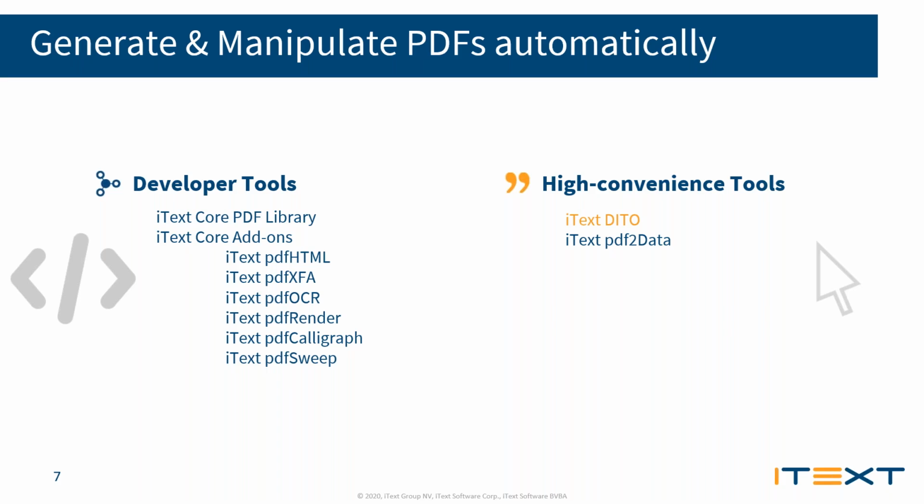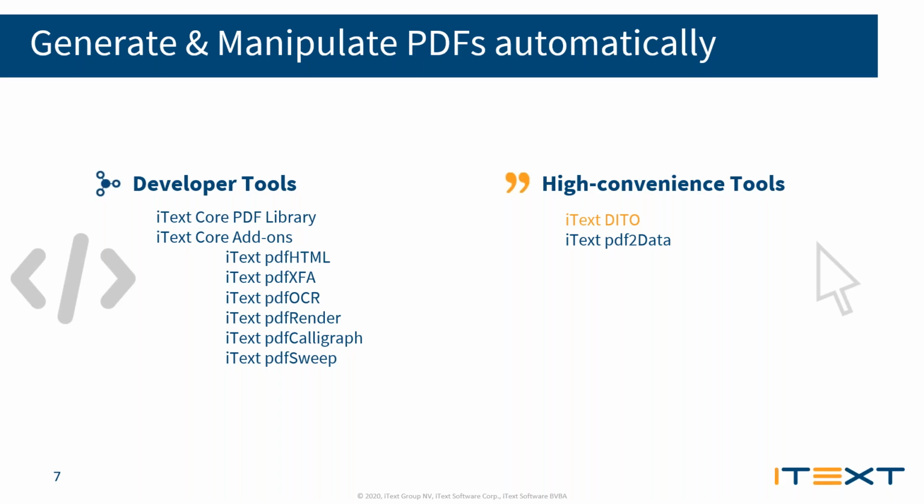If we look at iText PDF to data, basically what it does is it starts from a PDF. It uses a template to lay over that PDF in question, and then it extracts the data from that PDF. By using the template, we know where exactly we can expect data to be placed on that PDF document, and as such we can extract the data from it.